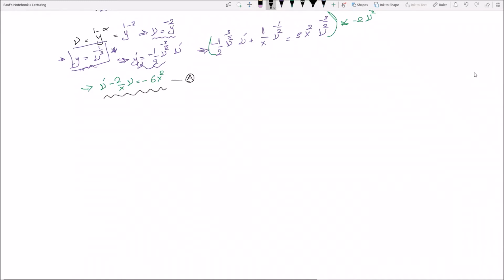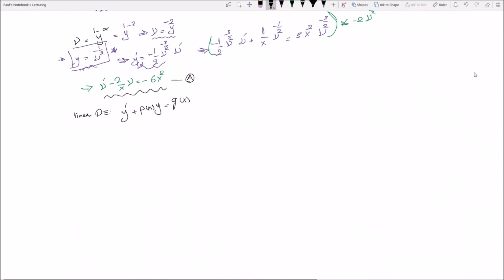differential equation. So the standard form of a linear differential equation is, as we remember, y prime plus p of x multiplied by y equals q of x.